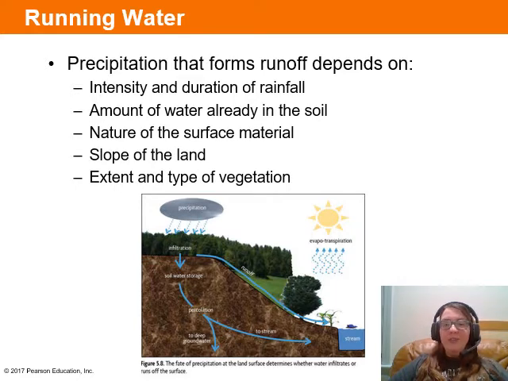But our surface material, whatever is covering the surface, is also going to be very important. And we'll see this a lot in our cities. When it rains in our backyard, generally it's just going to be a lot of grass and maybe different types of plants. Those plants, and especially their roots, are going to start absorbing or infiltrating the water.